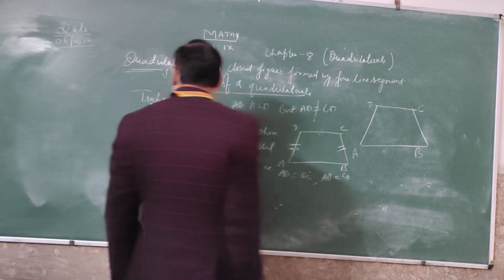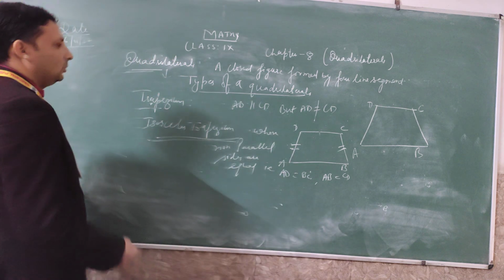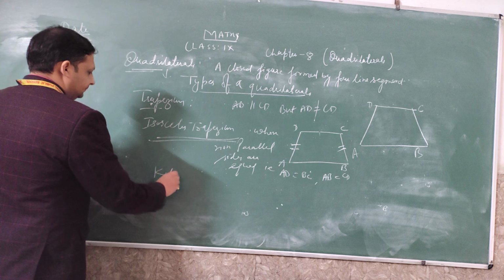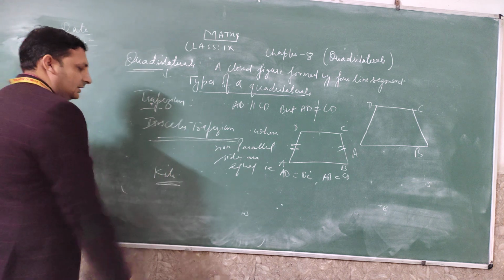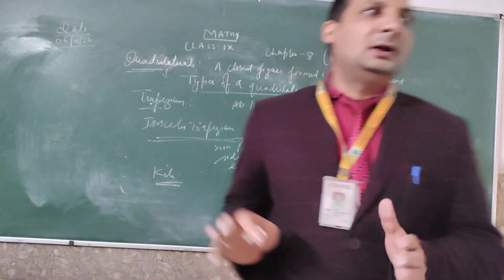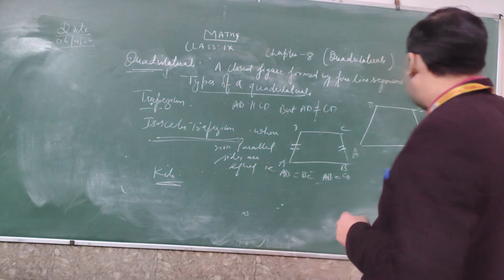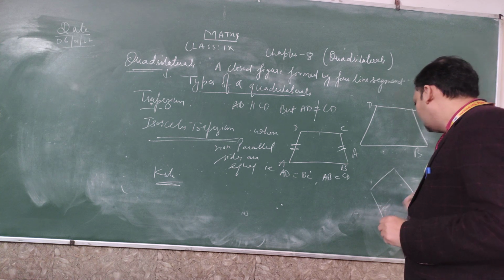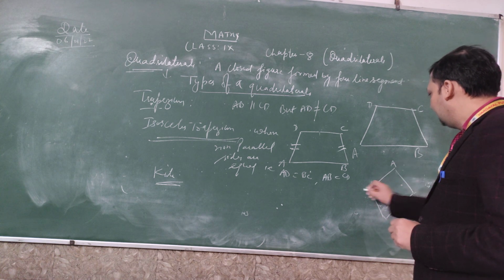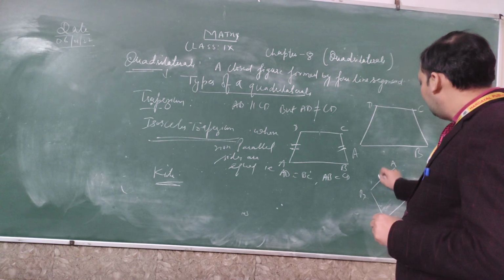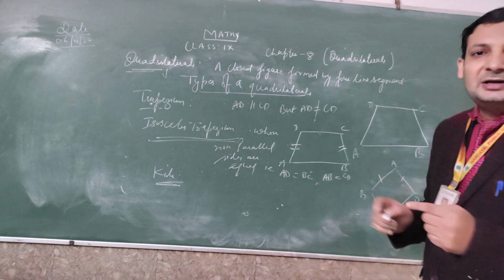Last type of quadrilateral we will discuss, that is kite. Dear student, kite is a very interesting topic. Kite is the last type of quadrilateral, which looks like this. See, it is called kite. ABCD is a kite. So kite is a quadrilateral having adjacent sides equal.